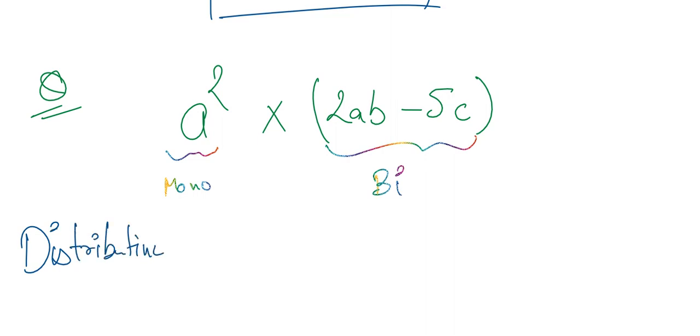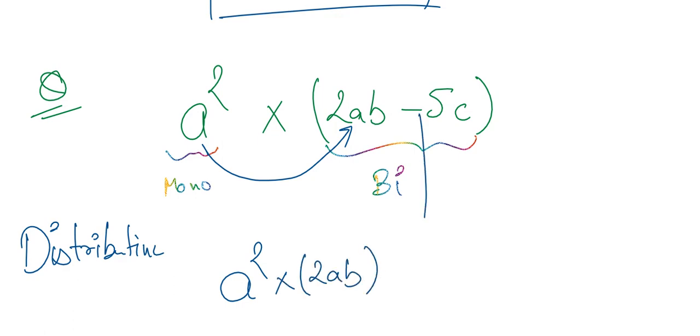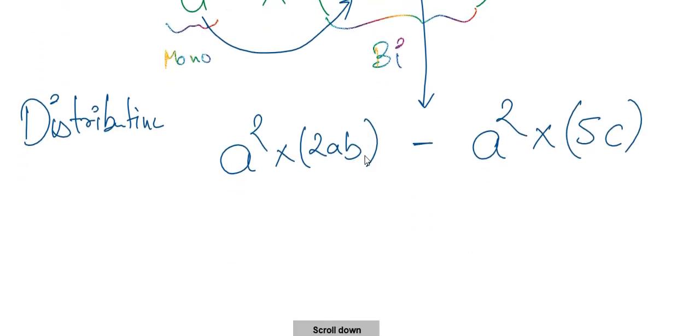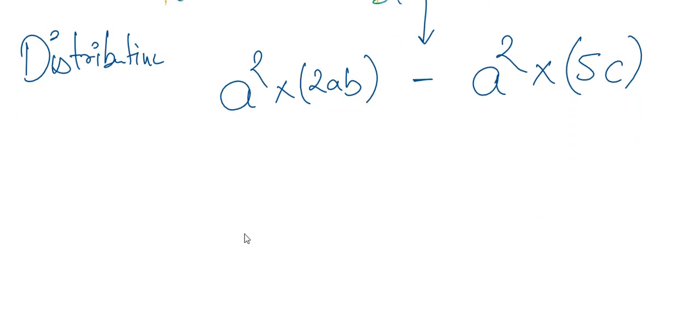What you would be distributing is just multiply a square with 2ab. So I would be having a square multiplied with 2ab, put the sign as it is, minus, multiply a square with 5c. So I would have a square times 5c. Now your expression is converted into monomial cross monomial, which you are easily familiar with.